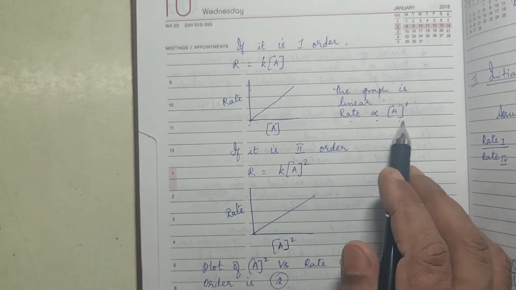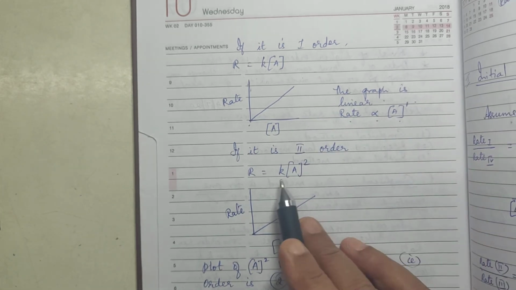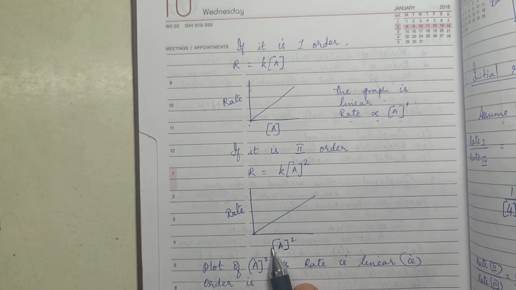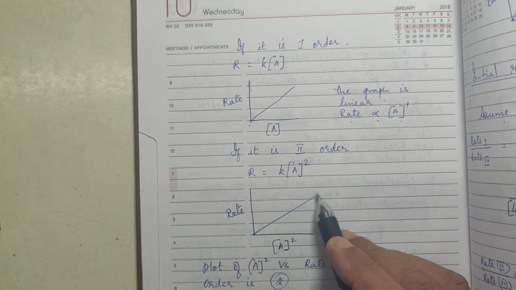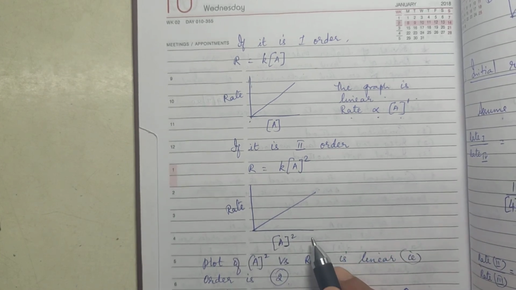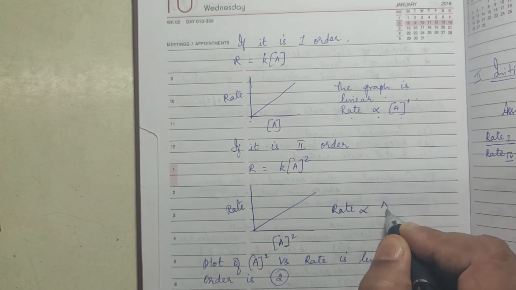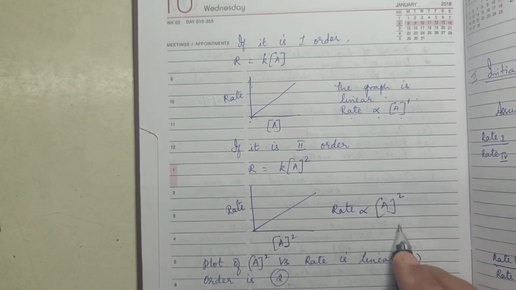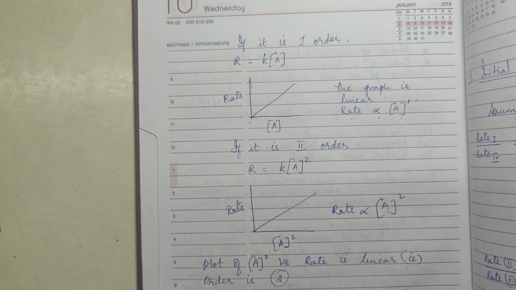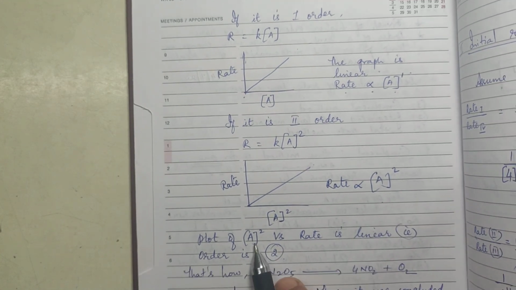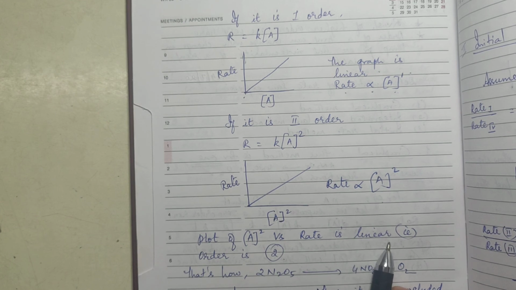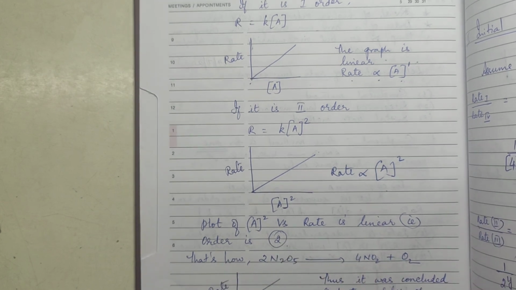So it is directly proportional, A to the power 1. Now if I put A to the power 2 here, and you get the same kind of graph, then you say that R is proportional to A power 2. So you say it is a second order equation. So the plot of A power 2 versus rate is linear, so the order is 2.